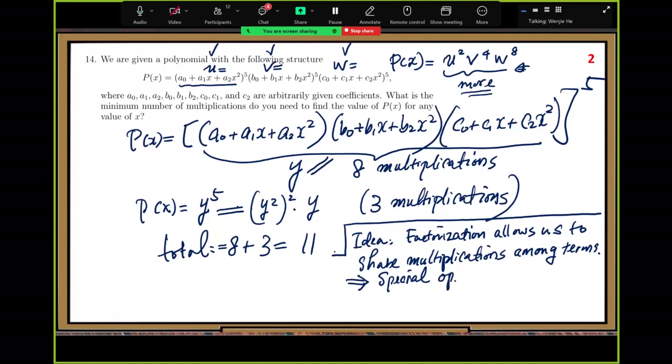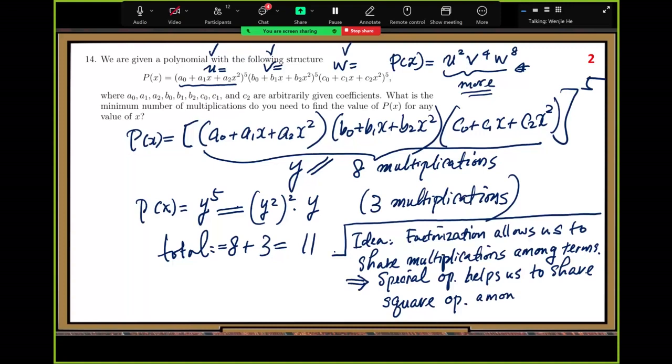Special operation helps us to share something. So share what? Share square among terms.